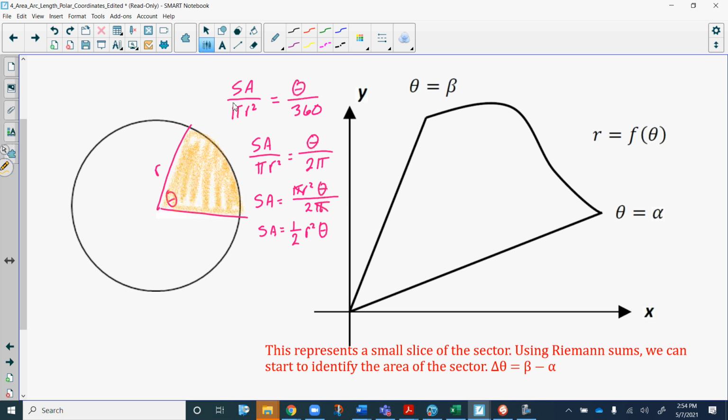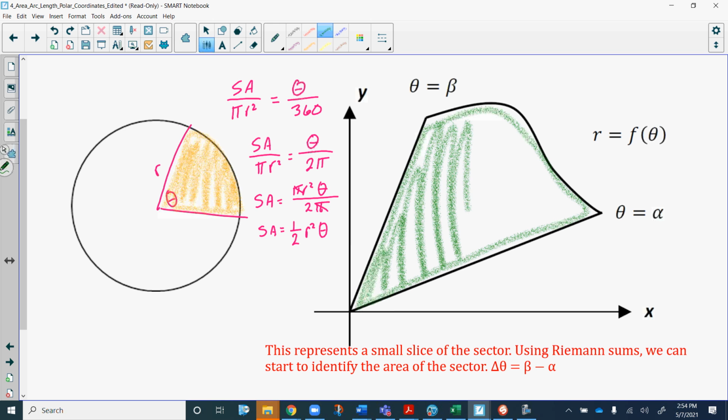When we first introduced the idea of the area under the curve, we introduced it with Riemann sums, where if I draw a whole bunch of rectangles underneath the curve, we can approximate the area under the curve by adding up the area of the rectangles. And if we had an infinite number of rectangles contained between the 2 points of the interval, that's where we really introduced the idea of integration. Well, we're doing the same thing with a sector area.